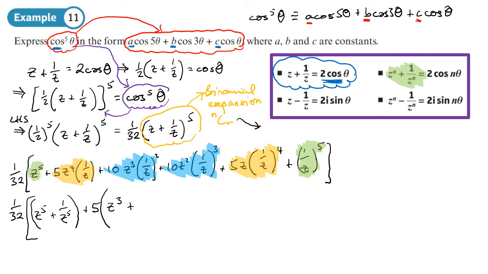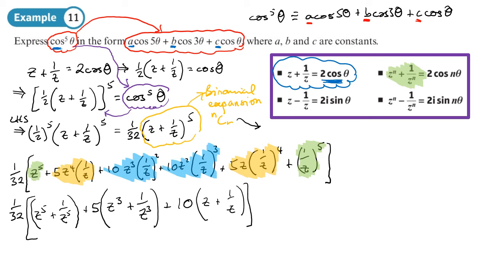So plus 1 over z cubed, you can probably see what's happening here. Then the last two in blue that pair together, 10 lots of z plus 1 over z once it cancels down.